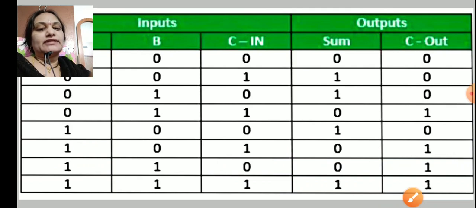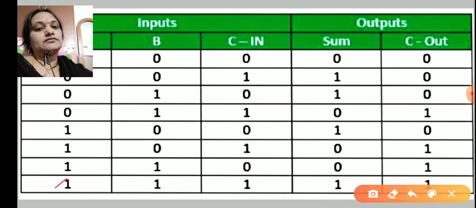Now let me explain the last condition, that is 1 plus 1 plus 1. Here you see 1 plus 1 plus 1 means 3. In the decimal system, 1 plus 1 plus 1 is equal to 3. After converting this 3 into binary, we will get 1 1.